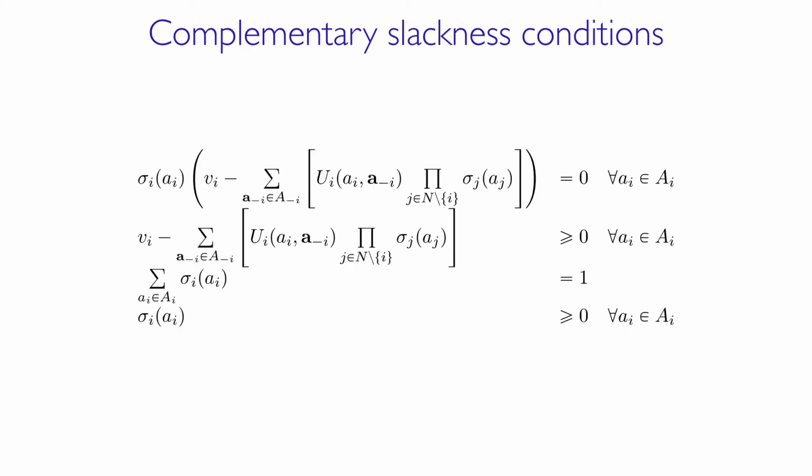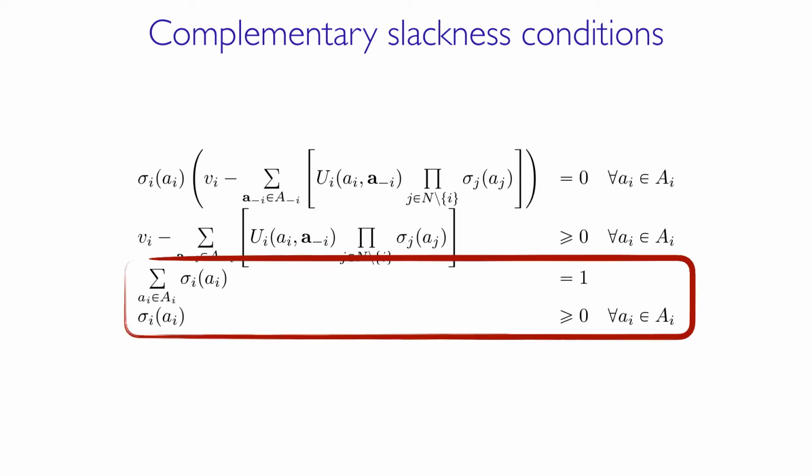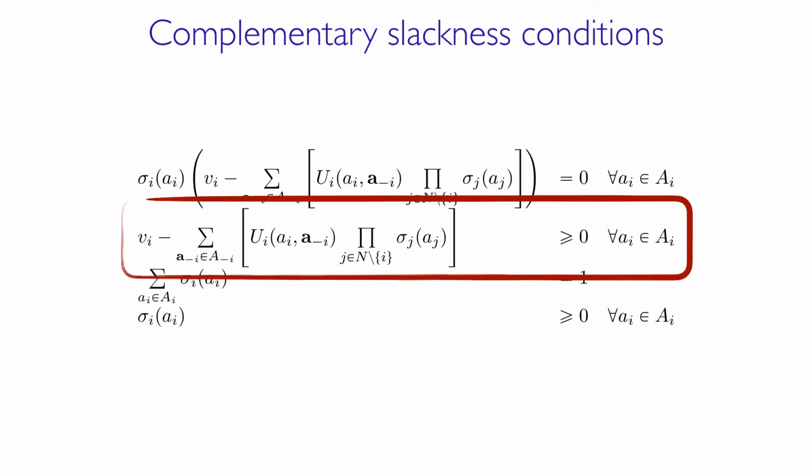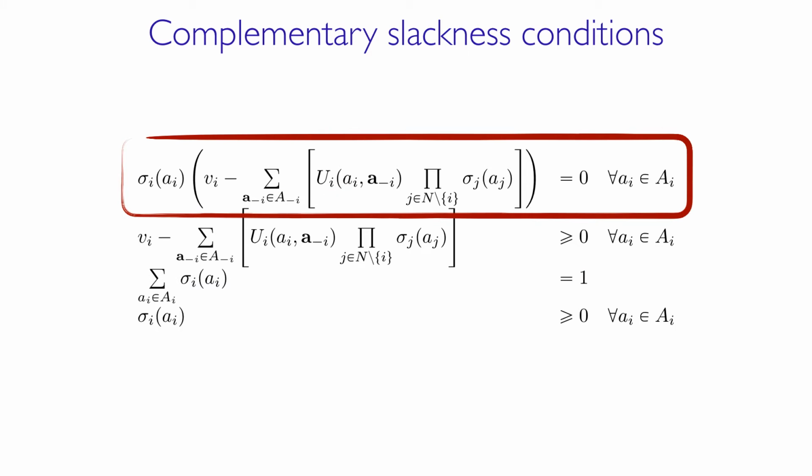Here is the set of constraints. We have the constraints of the primal program. We have the constraints of the dual program. We have the complementarity constraints that are satisfied only when the solution is optimal for the primal and the dual program.